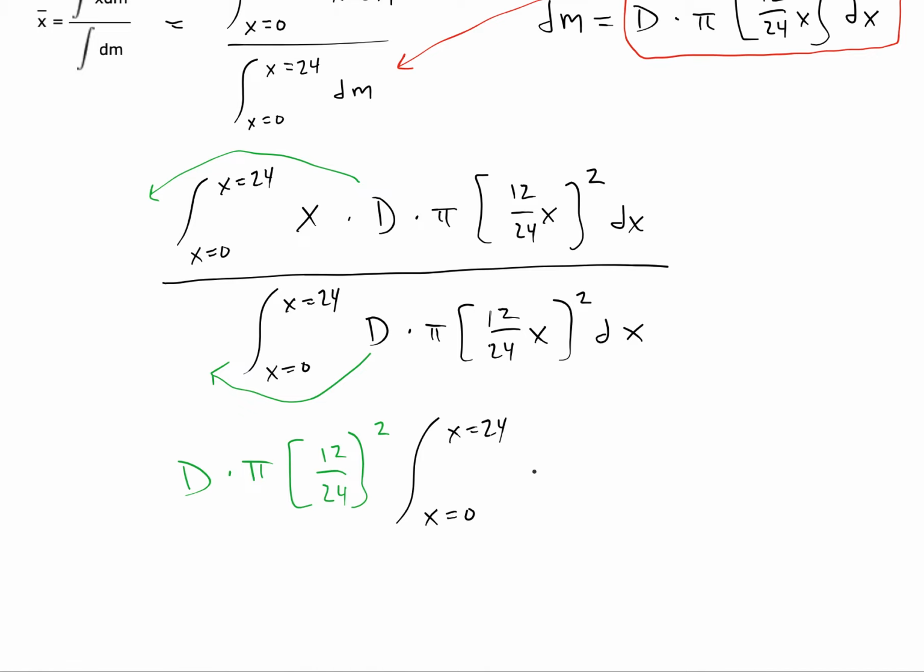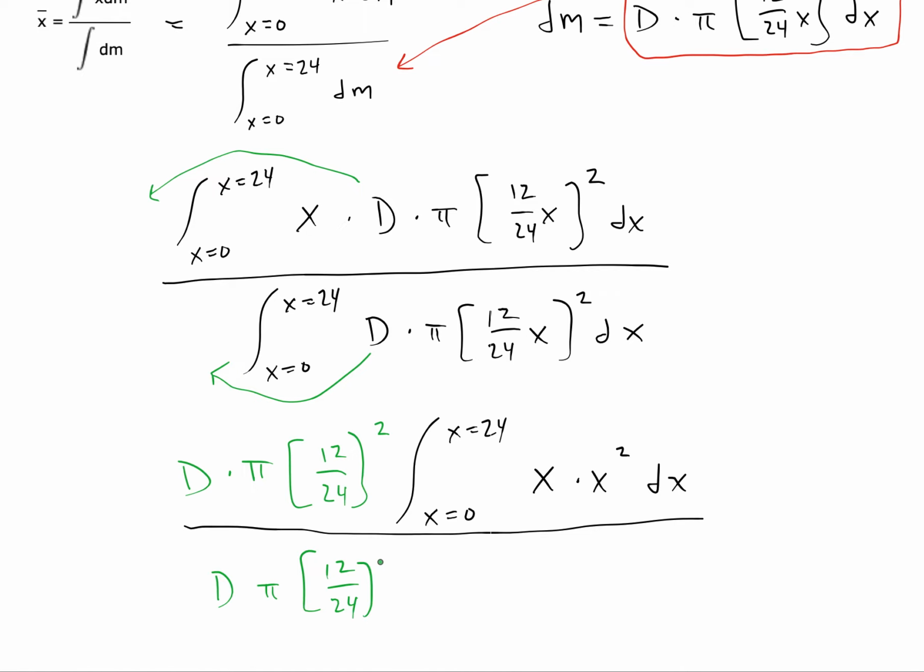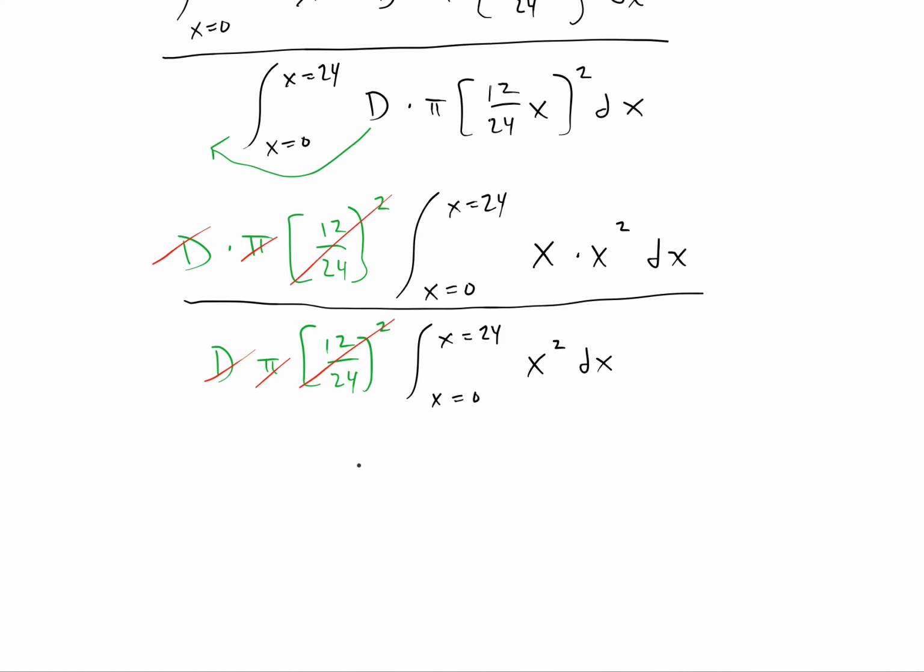You have to leave behind the x's though. Same thing here, bring out the d, the pi, the (12 over 24) squared, and we have x squared dx. Now all these things are going to cancel. And notice we have our integration all in terms of x. There's no other variables, so we can definitely do the integration now.